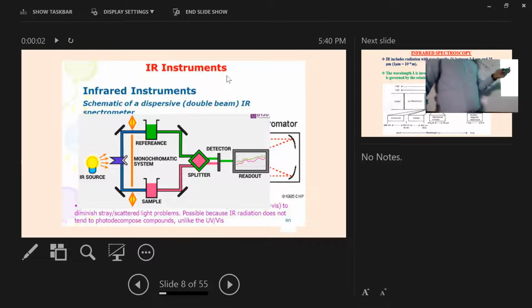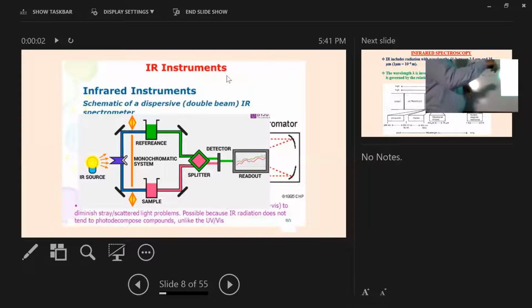So here we have an IR light source, that means with very low energy. IR means the energy is very low compared to visible or UV. So we have to have a light source which can generate infrared light. Normally we represent it like this, because we cannot see IR with our eye. This is our light source.